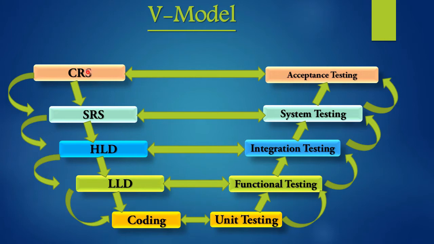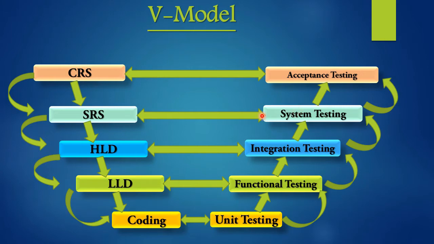After reviewing of CRS, the CRS document is converted into the SRS, and at the same time the testers are involved in writing the system testing test plan and system testing test cases.